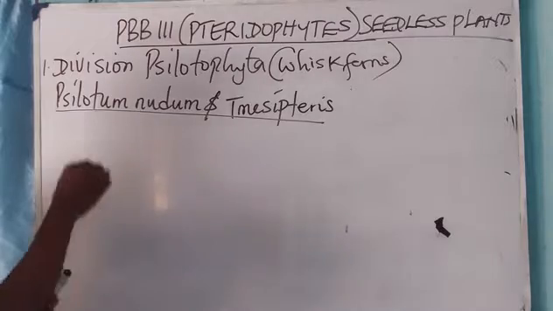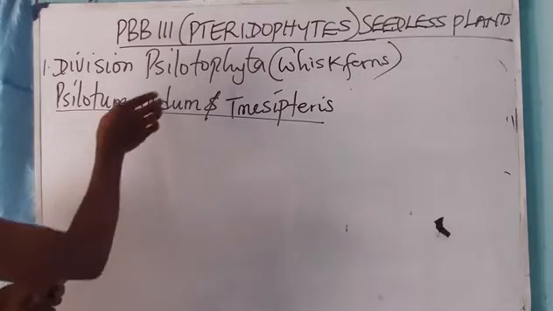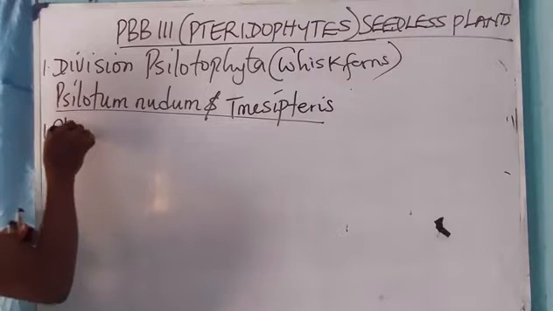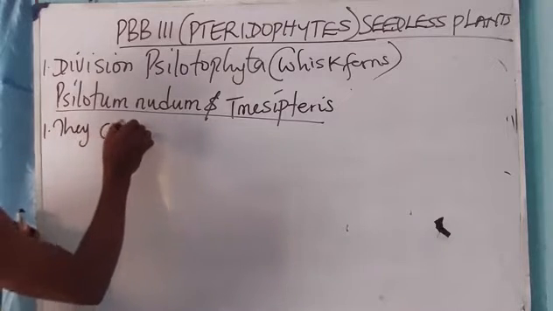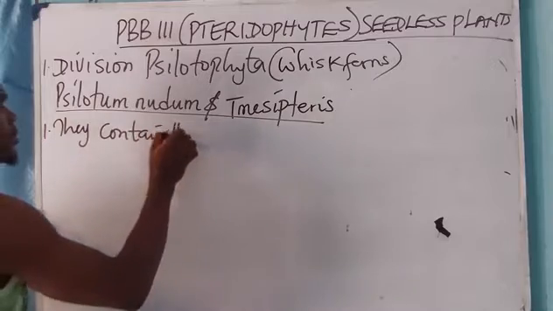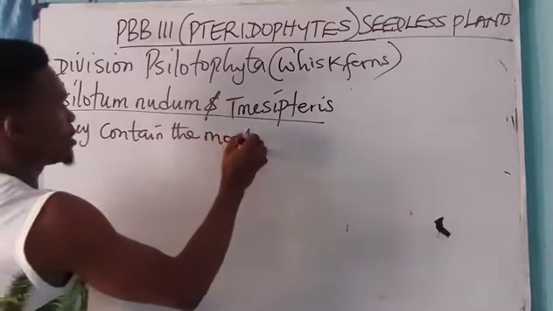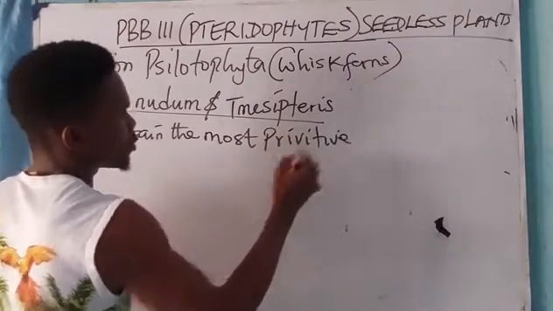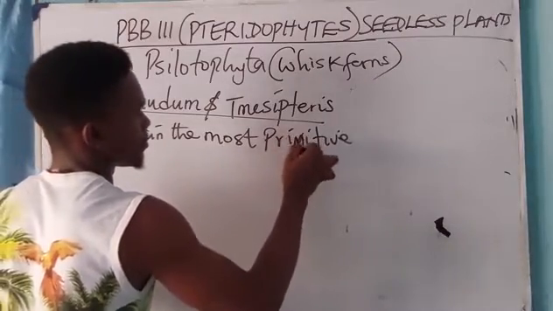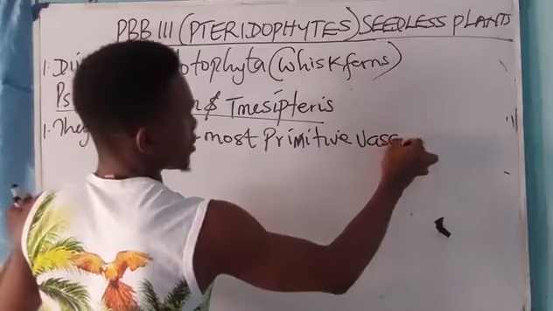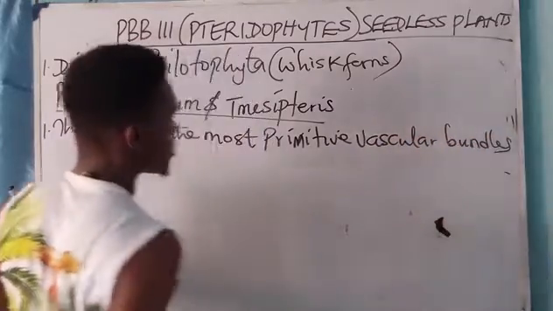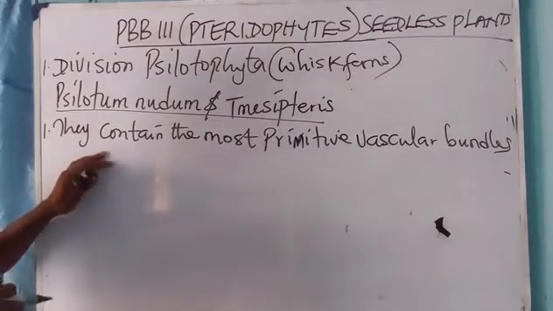Now, what are the features of this division? One, they contain the most primitive vascular bundles.